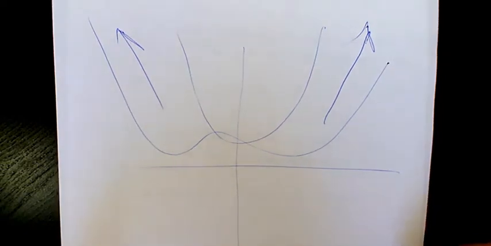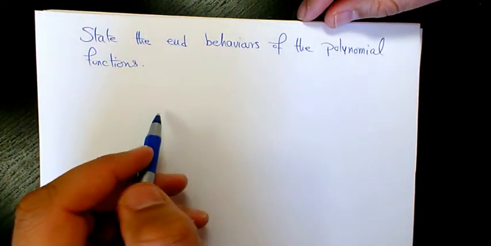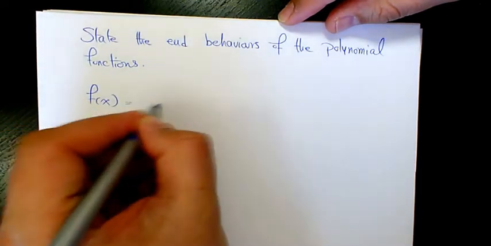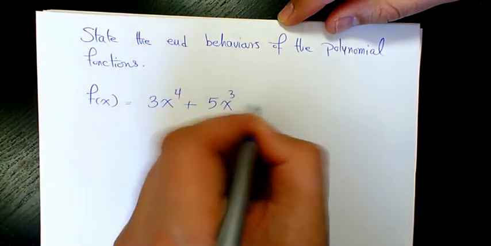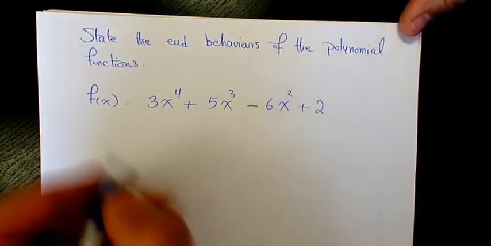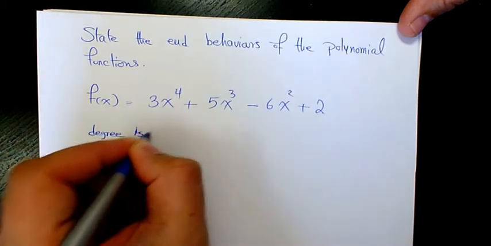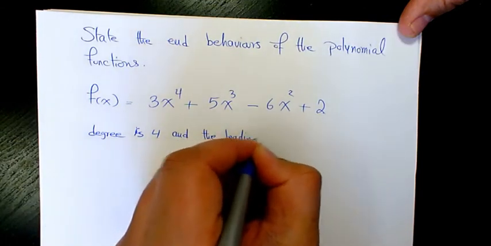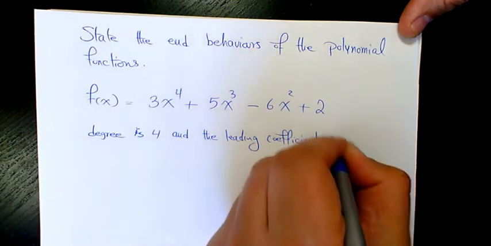Let's have some examples here. We need to state the end behaviors of the polynomial functions. The first example I have is 3x to the power of 4 plus 5x to the power of 3 minus 6x squared plus 2. As you see here, the degree of the polynomial is 4, and the leading coefficient is 3.